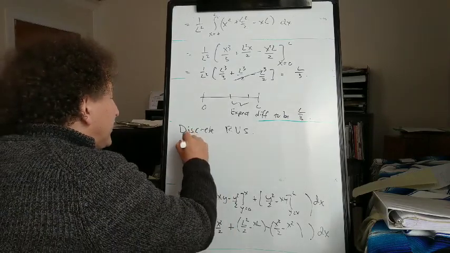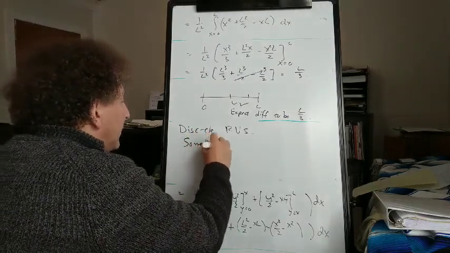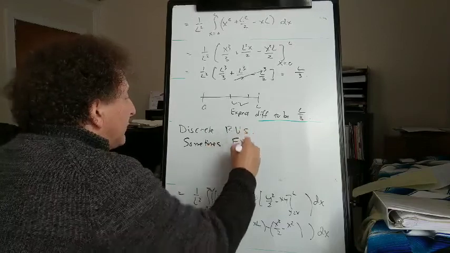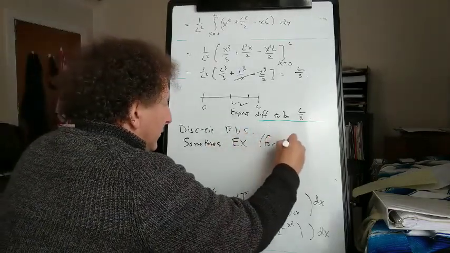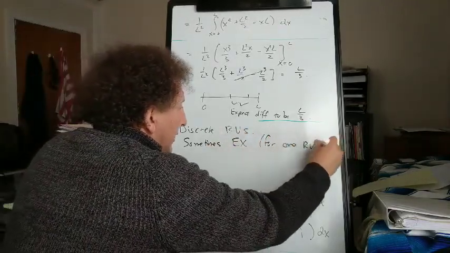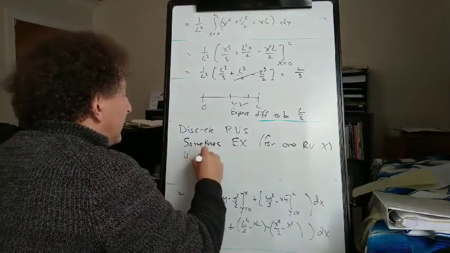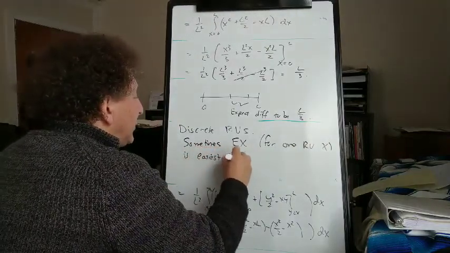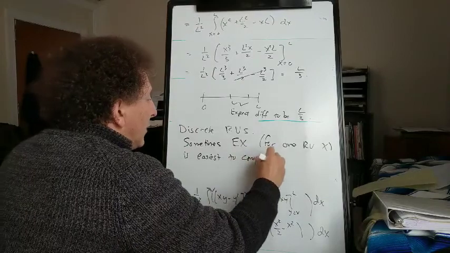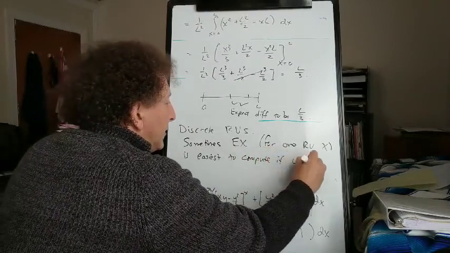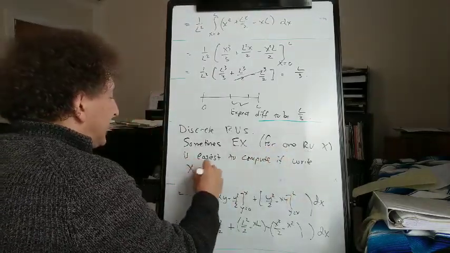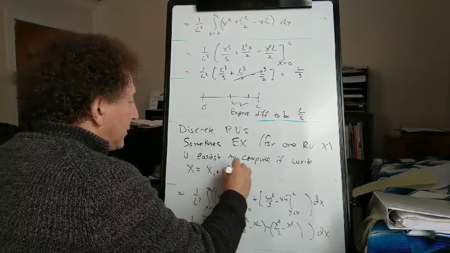Sometimes the expected value of x for one random variable x is easiest to compute if we write x as a sum of other random variables.